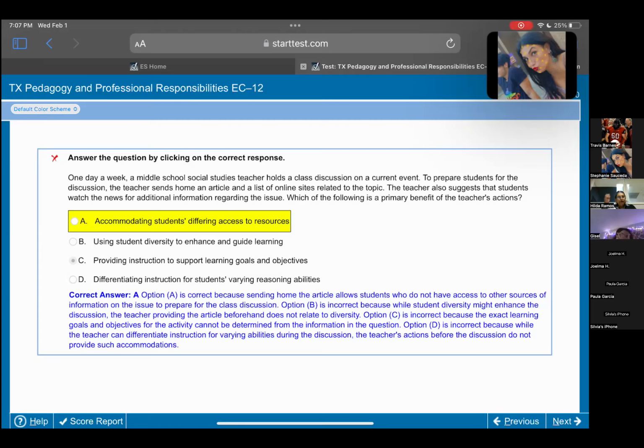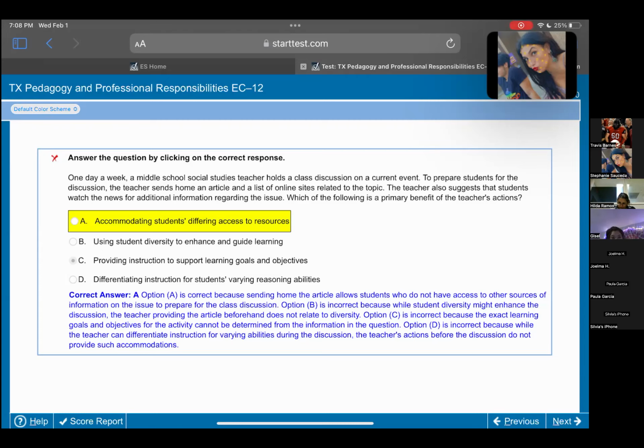Sending home a paper copy of one article and giving them multiple areas, so maybe if they wanted to look up extra ones, they could also do it at the library with the extra sites, and also watch at home. So it provides different pathways for their preparation, because she knows they have different access to resources at home. I have to give them enough possibilities to get preparation.